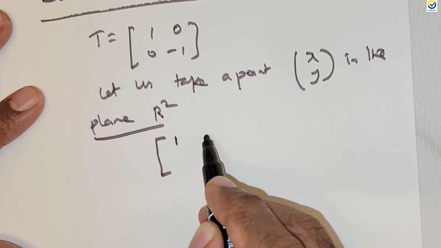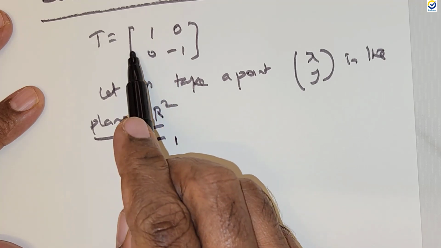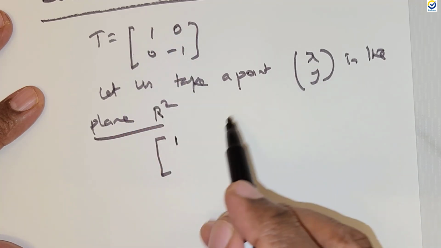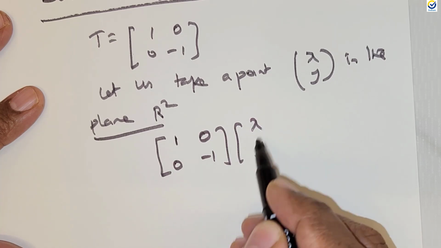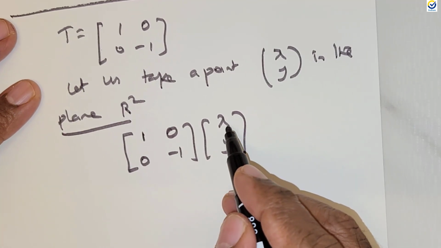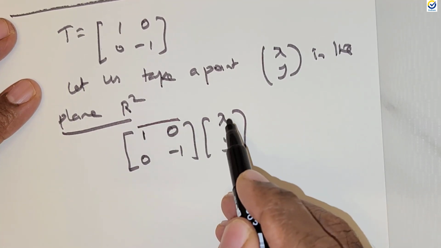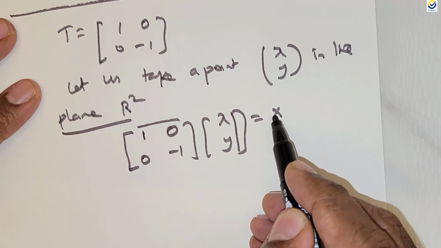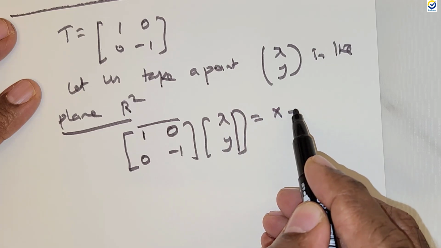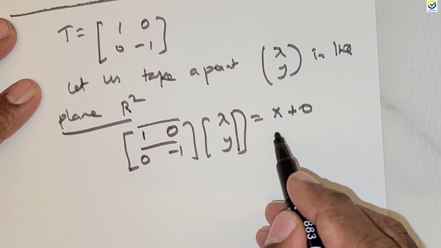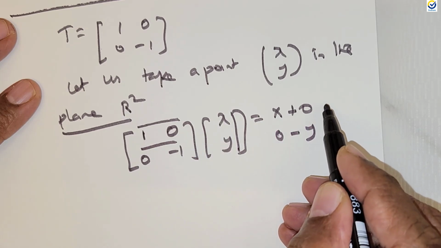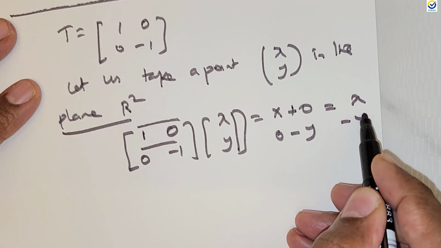So what am I doing? I am operating the matrix [1 0; 0 -1] onto the point (x, y). So what do we get? We get x times 1 is x plus 0, and then the second row with the column, 0 minus y. What do we get here? We get x and -y.